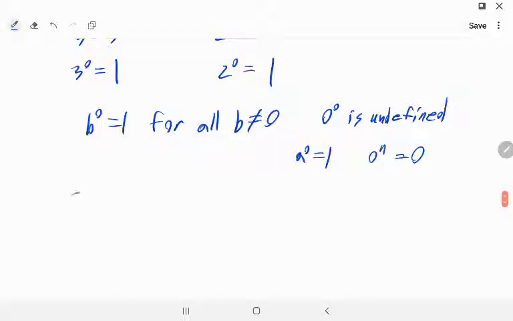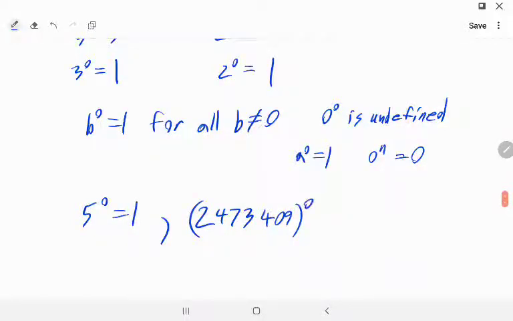If we did 5 to the 0th, that's 1. And so it's actually kind of convenient because if we have 2,473,409 to the 0th, it doesn't matter how big the number is. If it's the 0th power, we get 1.